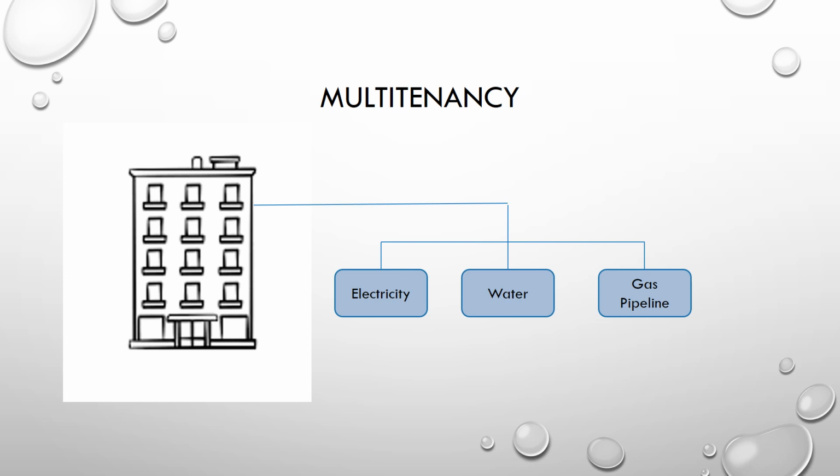Similarly, the tenants in our vRealize Automation environment are also logically separated and isolated from each other while still sharing the same infrastructure. They are billed for the resources that they consume, just like the tenants in an apartment building are billed for the resources that they consume over the electricity and the water and the gas pipeline. And the tenants are not responsible for maintaining the infrastructure.